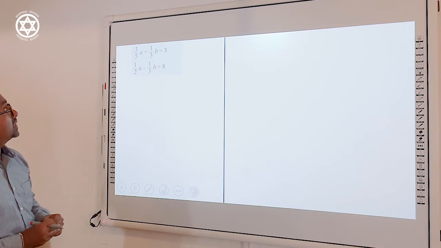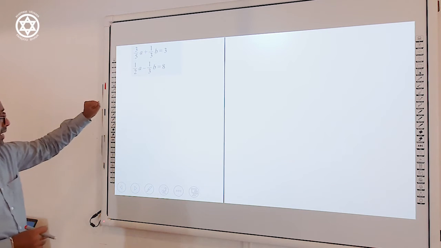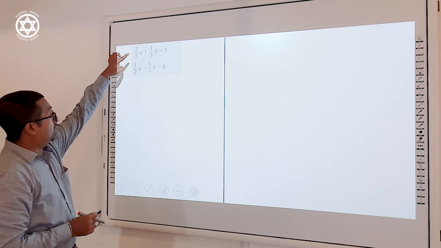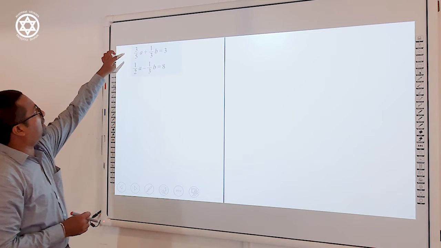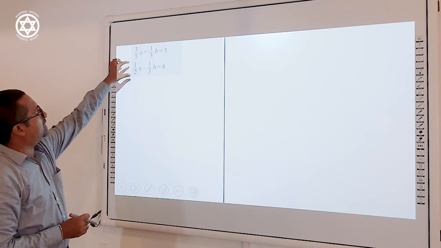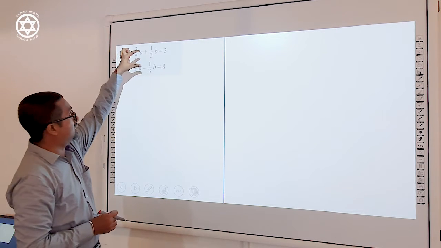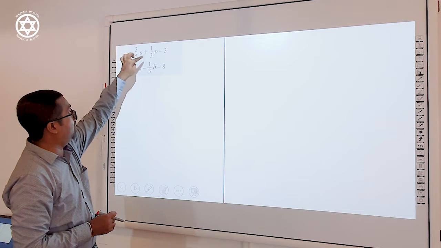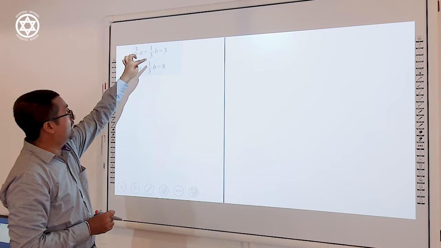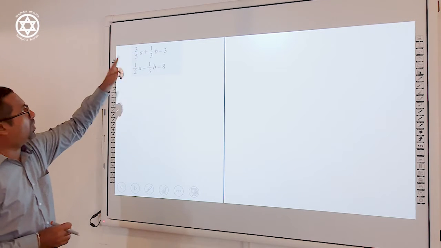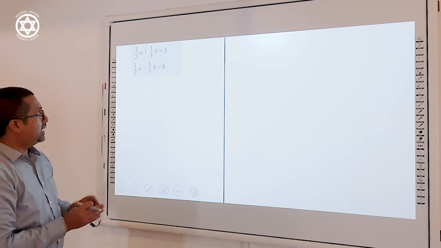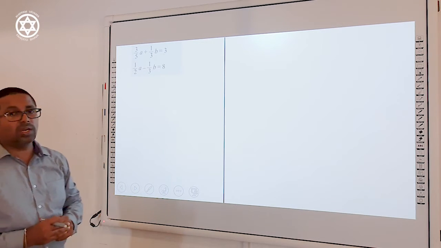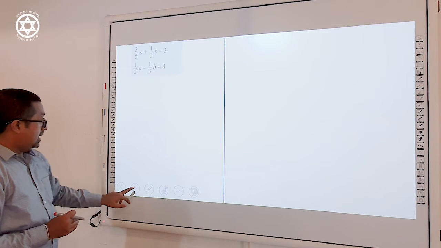In these equations, the coefficient of a is different: 3/5 in the first equation and 1/2 in the second. But the coefficient of b is 1/3 in the first equation and also 1/3 in the second. You can say they are equal coefficients, right?